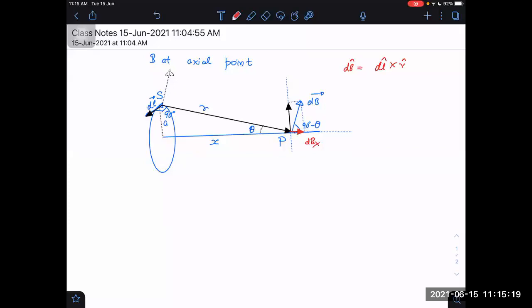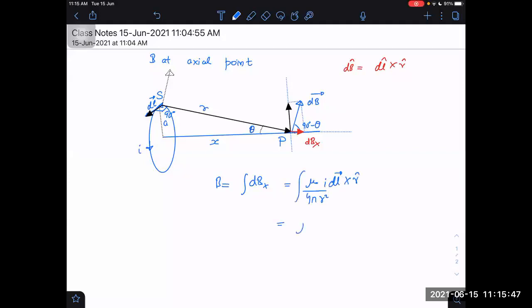Now, after understanding this much, integrate now. Integration is left. The integral of dBx will give us the net B value. That will be equal to mu naught upon 4 pi r square, I into integral of dl cross r cap.